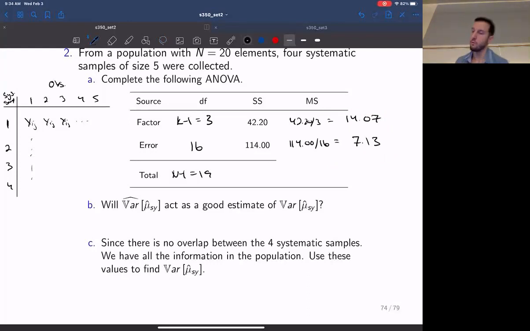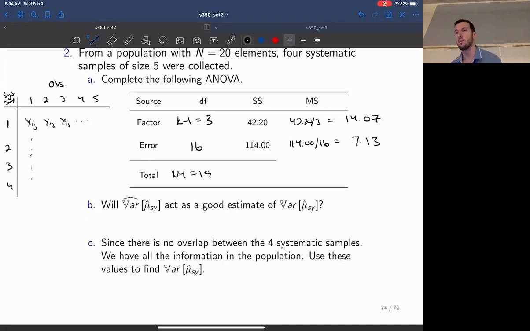Okay, so will the variance of mu hat sy act as a good estimate for the true variance? All right, so to answer this, what we can do is compute rho based off of this ANOVA table, and then use that to determine if this is going to act as a good estimate for the variance of the mean.